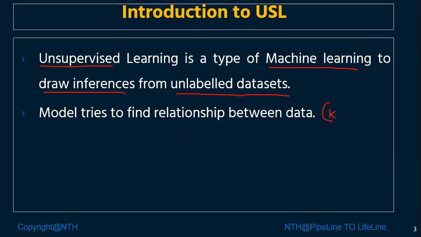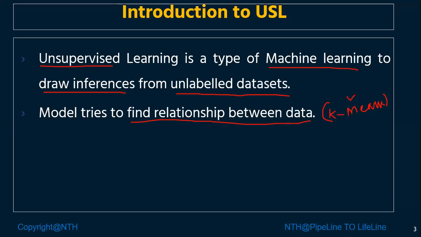See, the model which we are applying now for performing the unsupervised approach is K-means. What exactly will this K-means algorithm do? It is a model which tries to find a relationship between the data. Certain hidden patterns will be discovered as soon as you apply this particular model.